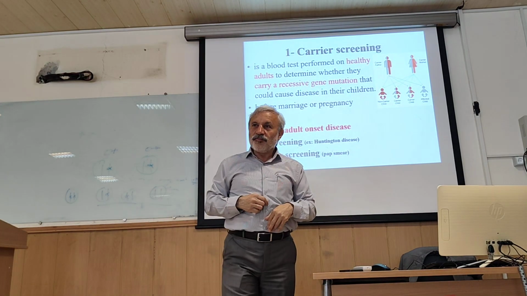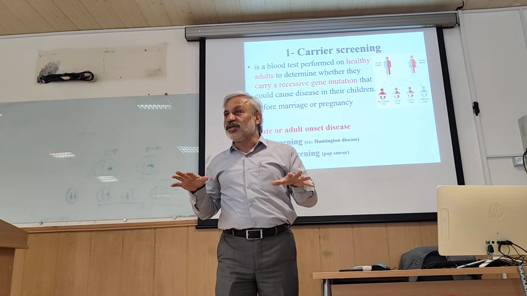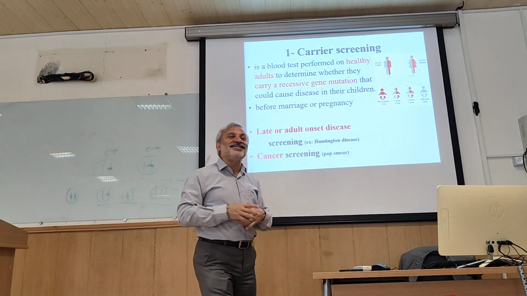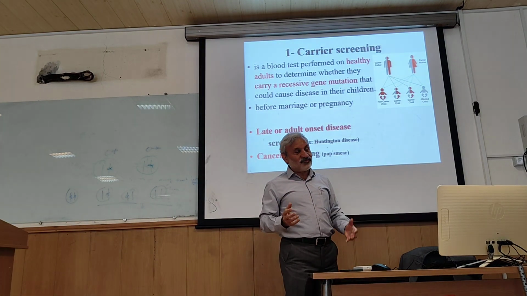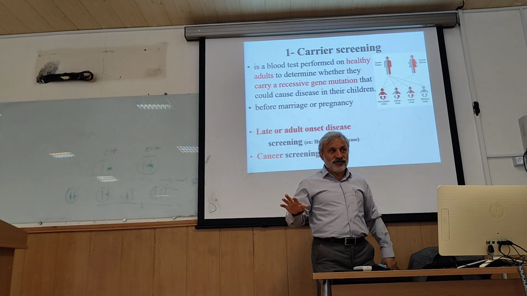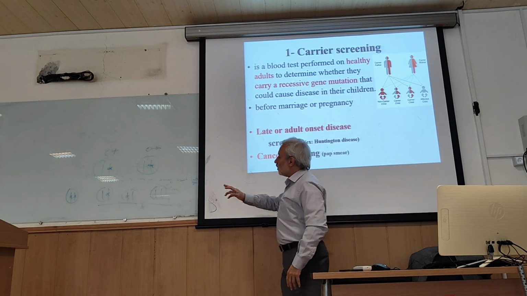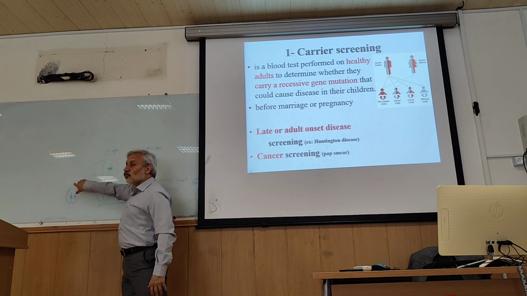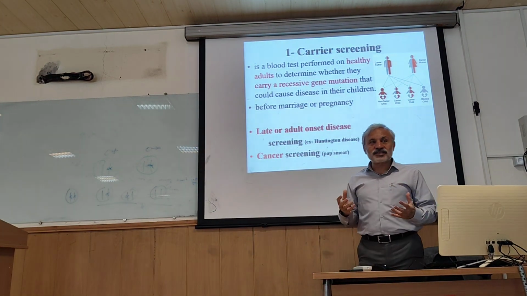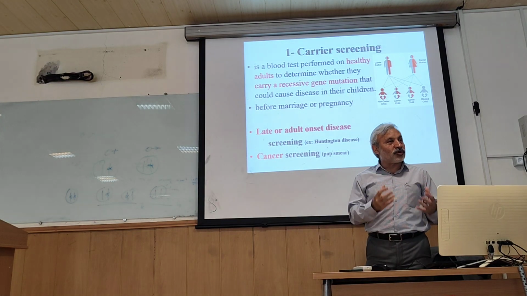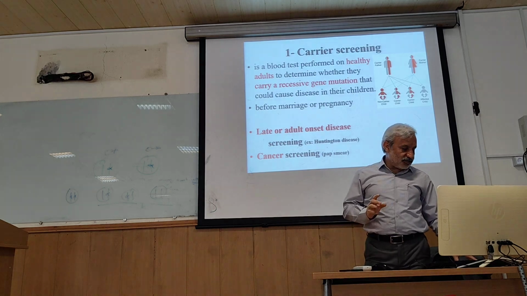Do you know why? Because we usually do marriage between families, cousins. Am I right? It's very, very important, to prevent disorders. Now you can understand the meaning and the importance of carrier screening.